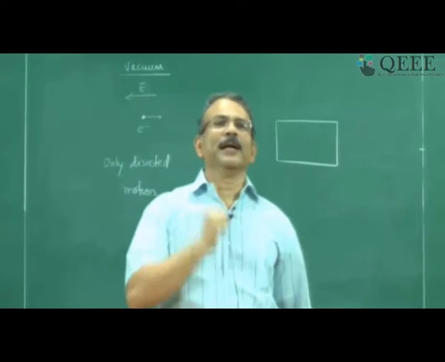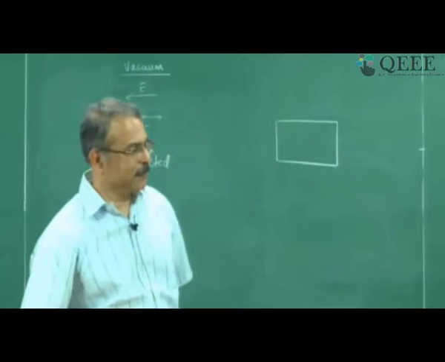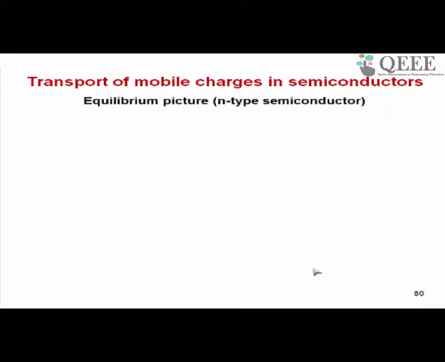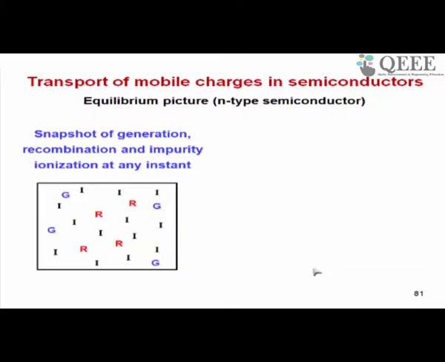Now what is their movement? Let us look at the movement aspect of this. So, the equilibrium picture, N-type semiconductor. You recall we had drawn a picture like this at the end of our discussion on how carriers are created. At any instant of time, if you try to see the processes, they will look like this.